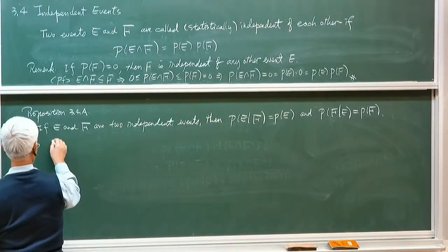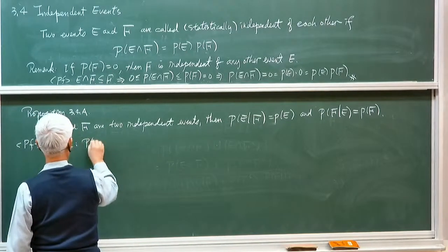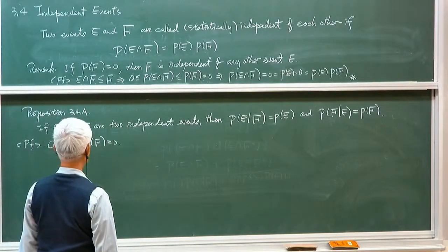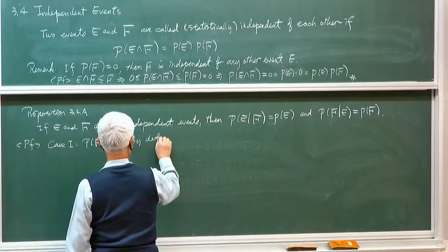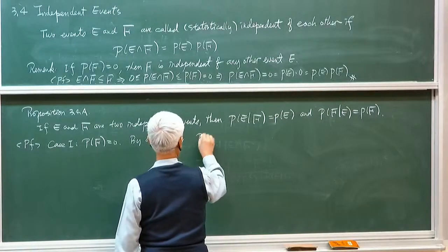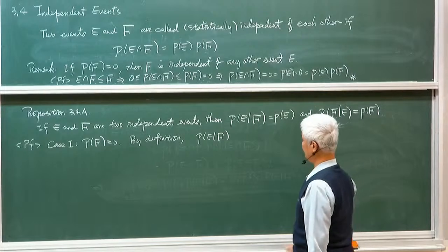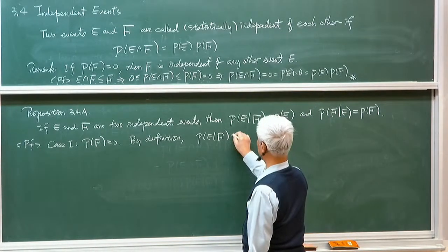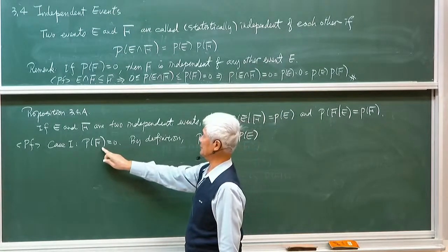Now we consider two cases. Case 1: the probability of F is equal to 0. Then by the definition of conditional probability, we know that the conditional probability of event E given event F is equal to the unconditional probability of event E. This is by definition in this case.